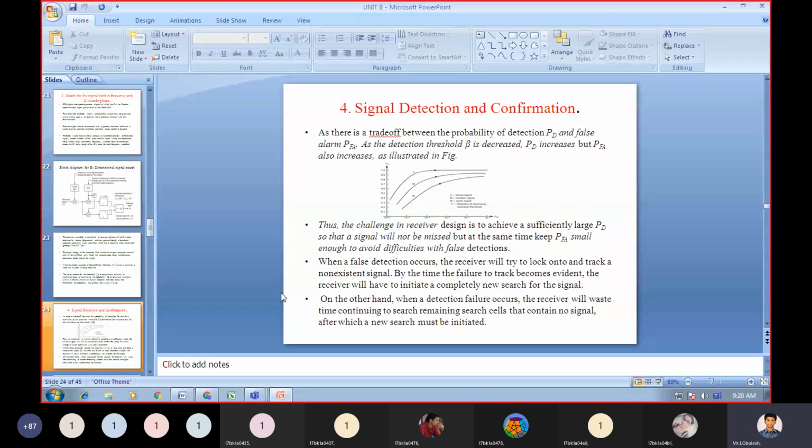Coming to the fourth step, which is signal detection and confirmation. How will you detect the signal and how will you confirm the received signal?